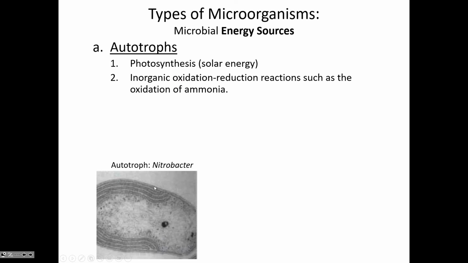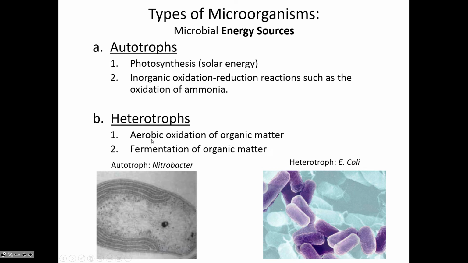So one autotroph, Nitrobacter, is used in wastewater treatment to remove nitrogen from dissolved wastewater, whereas heterotrophs are getting their energy source from the oxidation of organic material like sugars and carbohydrates and starches.